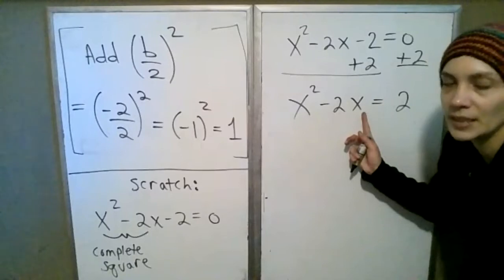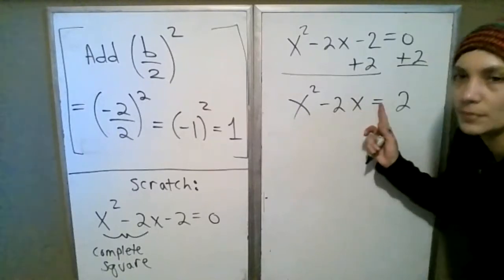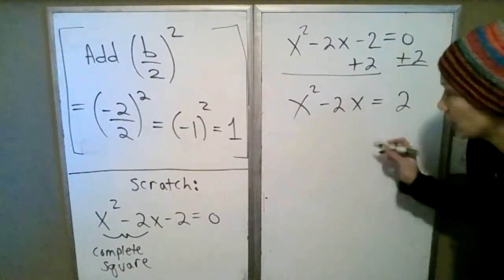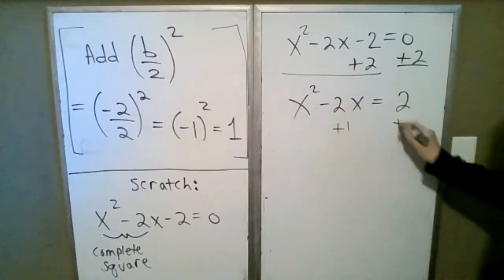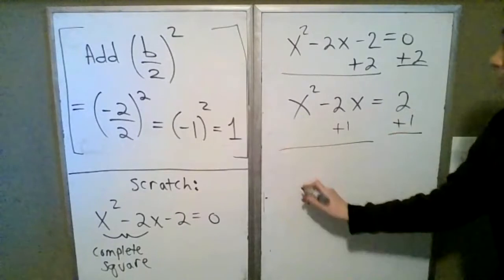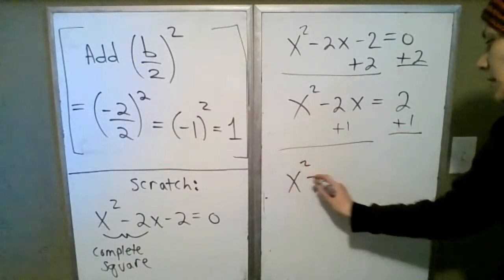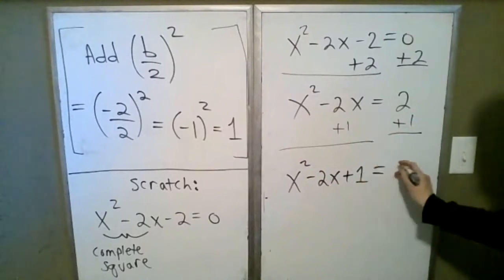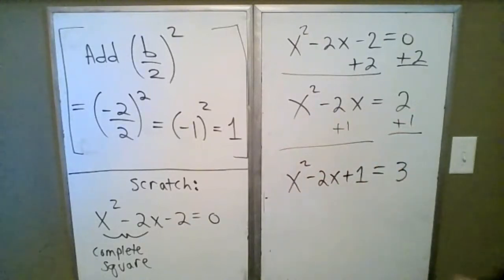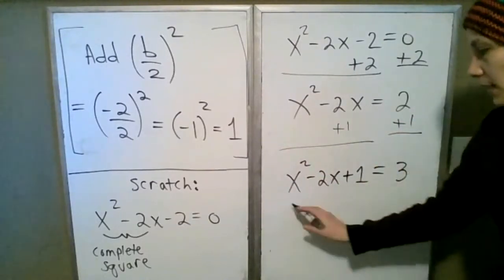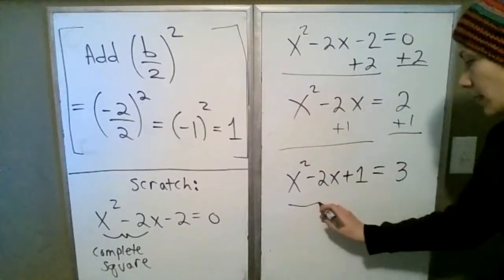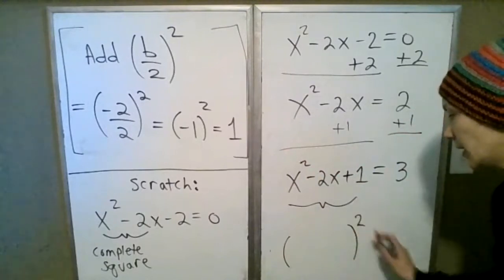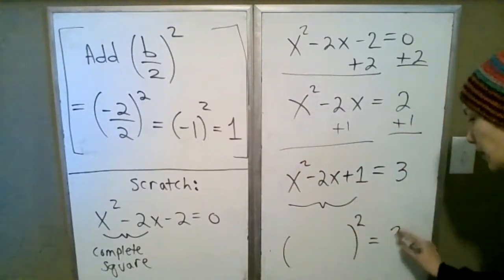Adding 1 on this side, I can complete the square. But to keep this side equal to that one, I need to add 1 over here as well. Okay, from here, we're going to go to here and have something squared, and it's equal to 3.